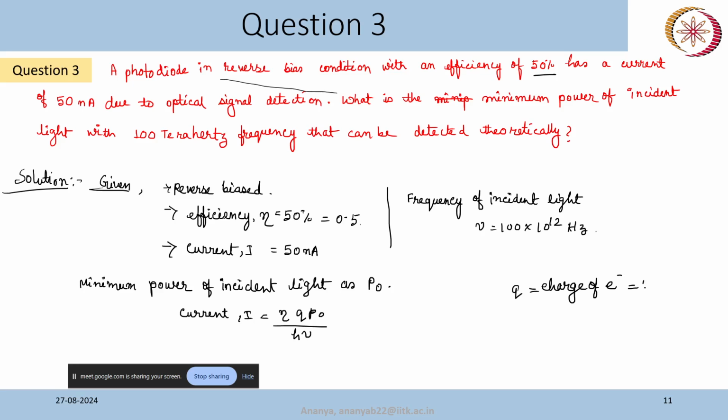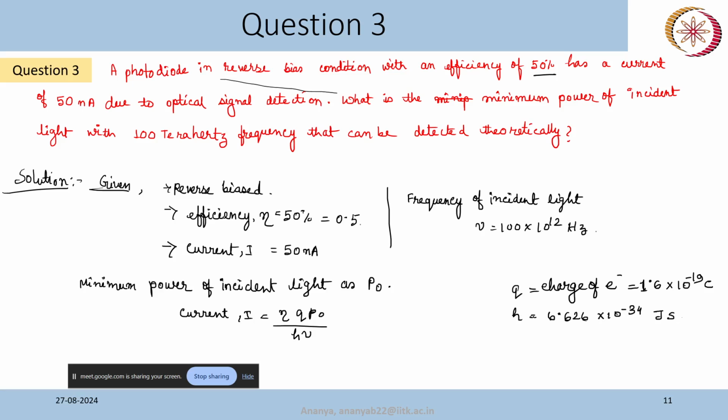Which is equal to 1.6 into 10 to the power minus 19 coulomb. And h is Planck's constant, which is equal to 6.626 into 10 to the power minus 34 joule second.